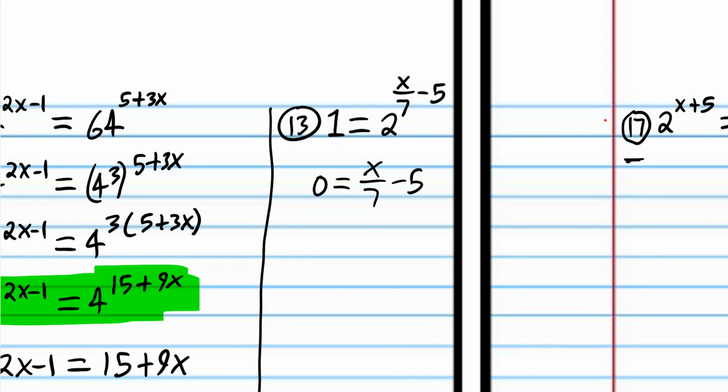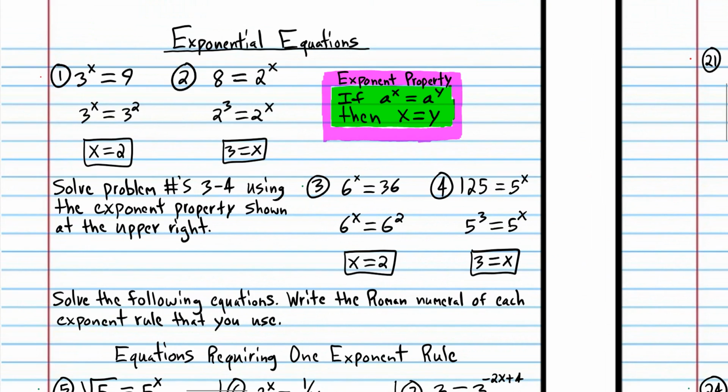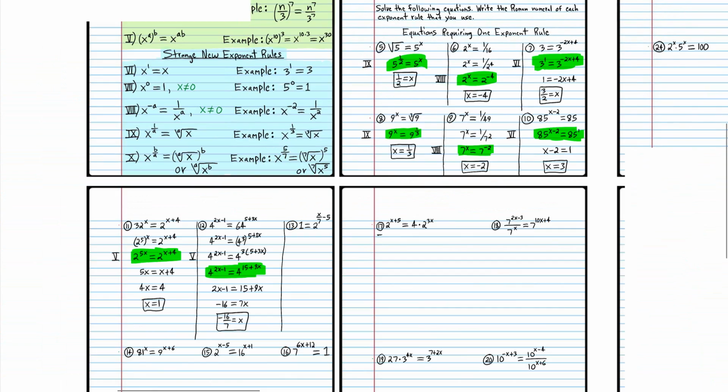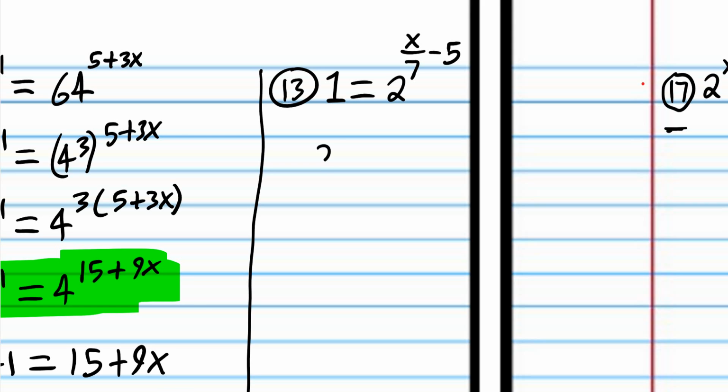But just to get used to using that exponent property that we talked about, the green and purple one up here, I'm going to show some work here and change that 1 to 2 to the 0 power. Isn't it true that 2 to the 0 power is equal to 1?